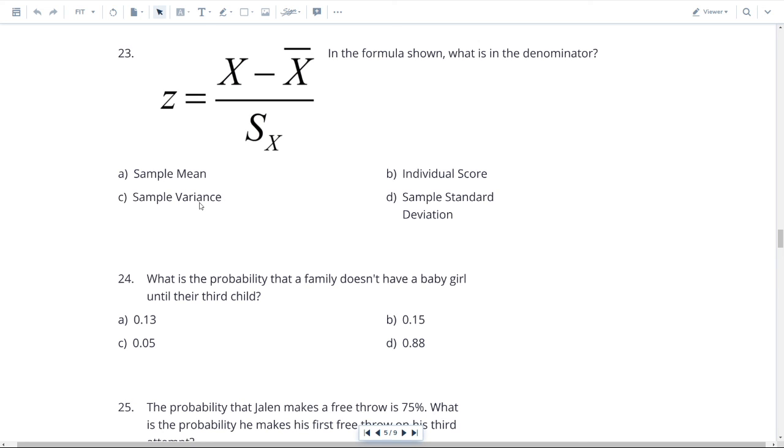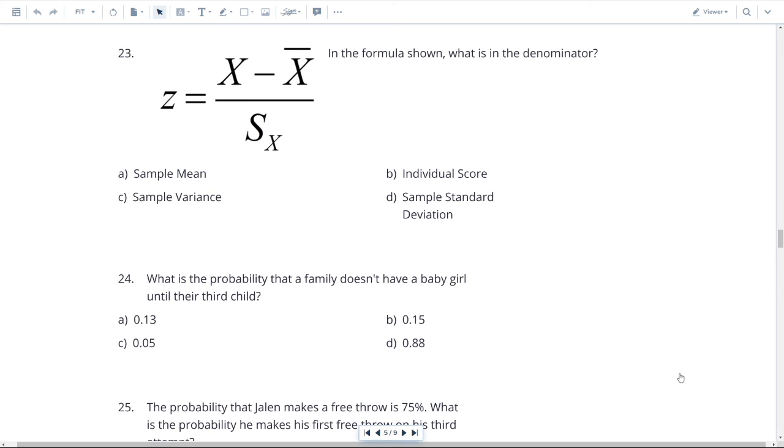I don't know what you were doing with the sample mean and individual score. This is your sample standard deviation. The reason why is, number 1, they're using an S. Number 2, it's X bar, which is the sample mean. They want to know what is in the denominator. It is the sample standard deviation. 72% of you got this right.